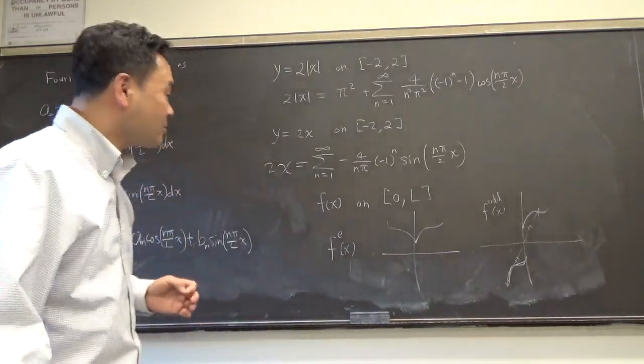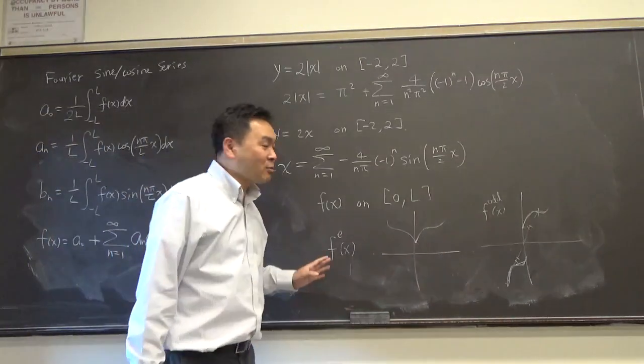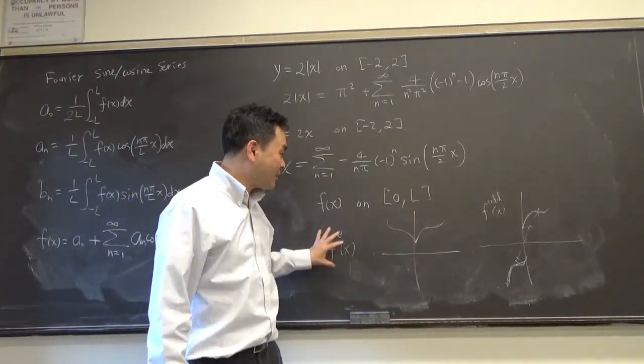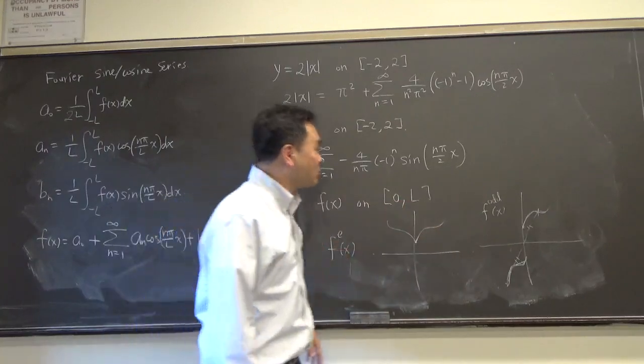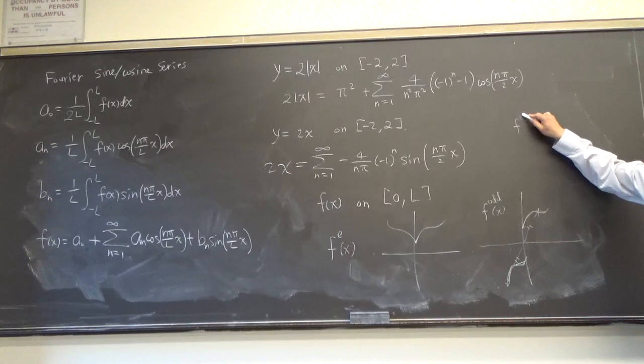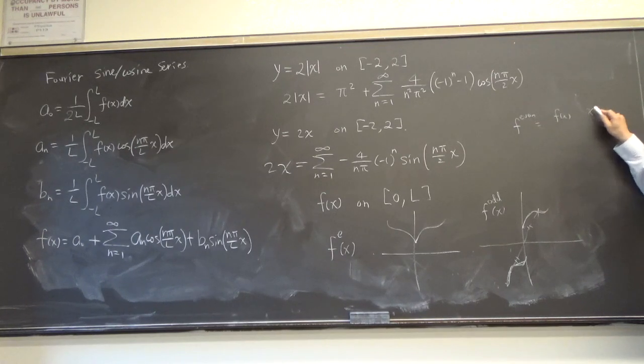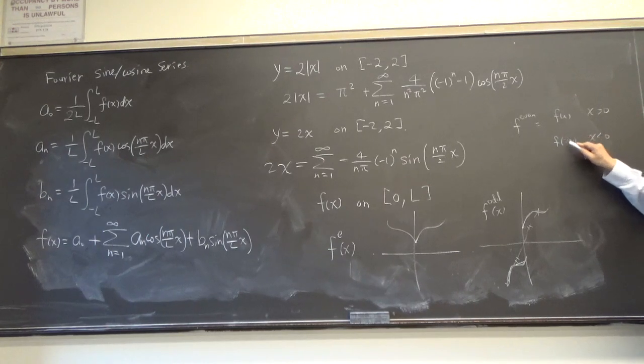Okay? Now, lucky for us, we don't have to think about how to get these functions. For example, the even extension will be like f of x if x is positive, but if x is negative, we put f of negative x.